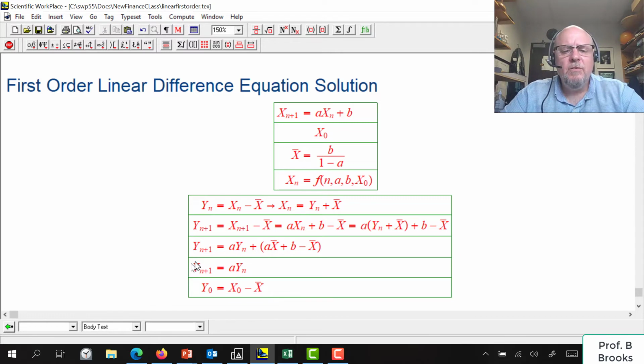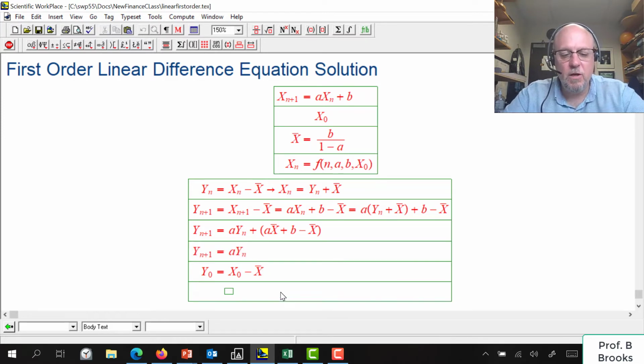But let's look at this form of this equation. So I start off at y naught. Y1, the next y value, is just going to be a times y naught. So our sequence is going to go y naught. The next value is just take the last value and multiply by a. So it's going to be a times y naught.